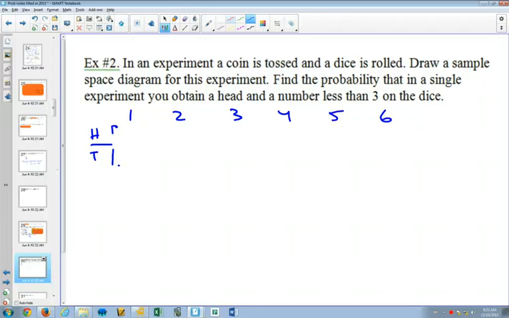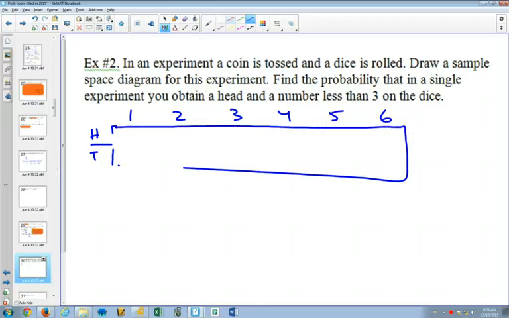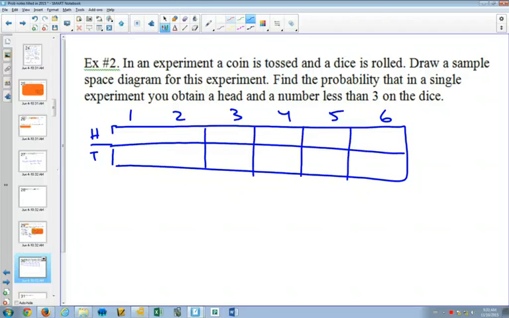There we go. And then we could label this as head 1, head 2, head 3, head 4, head 5, head 6, tail 1, tail 2, tail 3, tail 4, tail 5, tail 6. So that would be one way of showing this.